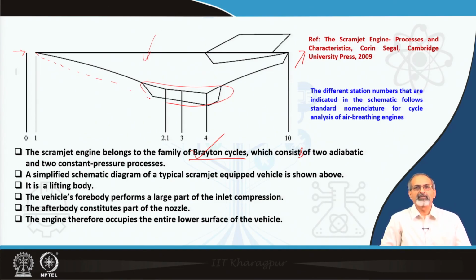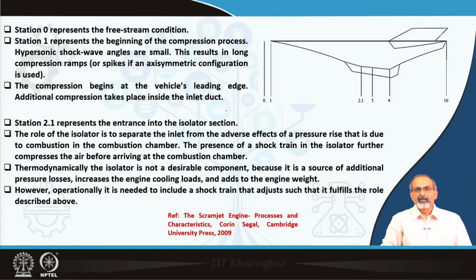The afterbody constitutes part of the nozzle. So, we are talking about this part of the vehicle, and the engine therefore occupies the entire lower surface of the vehicle, which we have already encircled. Station 0 represents free stream, station 1 represents the beginning of compression.